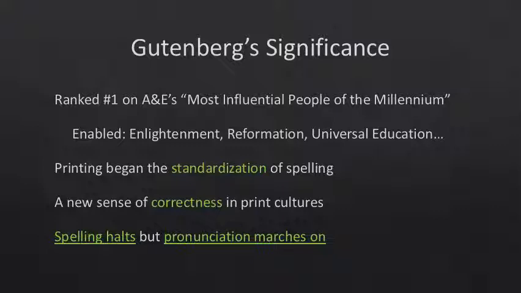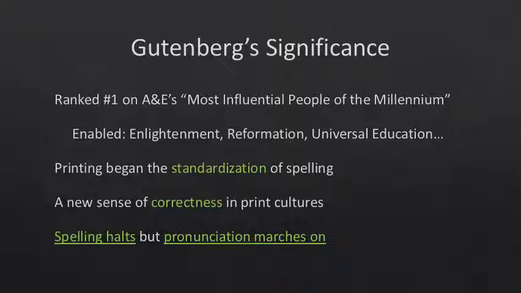A couple centuries later, 19th century, universal education. That's a pipe dream unless there's cheap, reproducible texts. As I said, it begins the standardization of spelling. He also gives us this new sense of correctness of spelling, an idea that just hadn't existed before then.